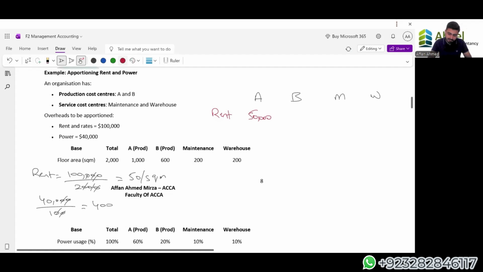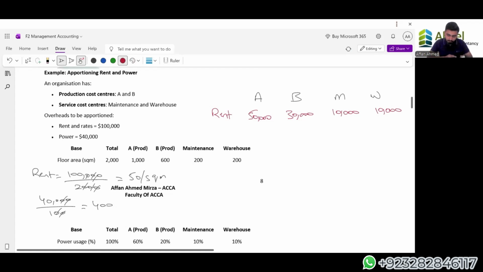Then I have 600. So 50 into 600, 30,000. Then we have 50 into 200. That is 10,000 and 10,000. This is the rent apportioned for each of the departments, right?